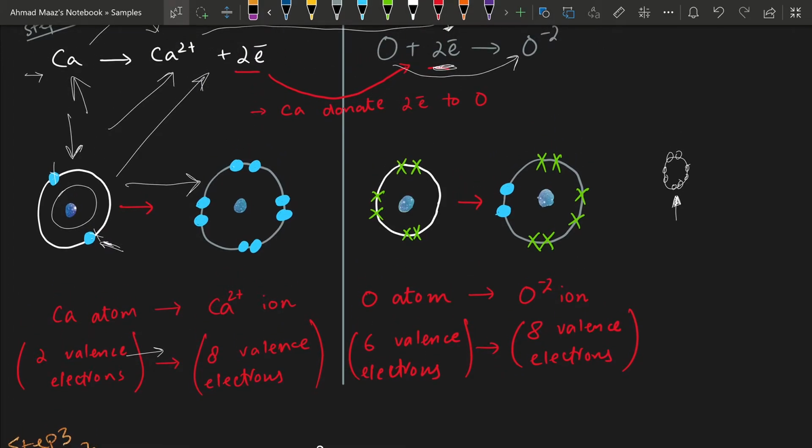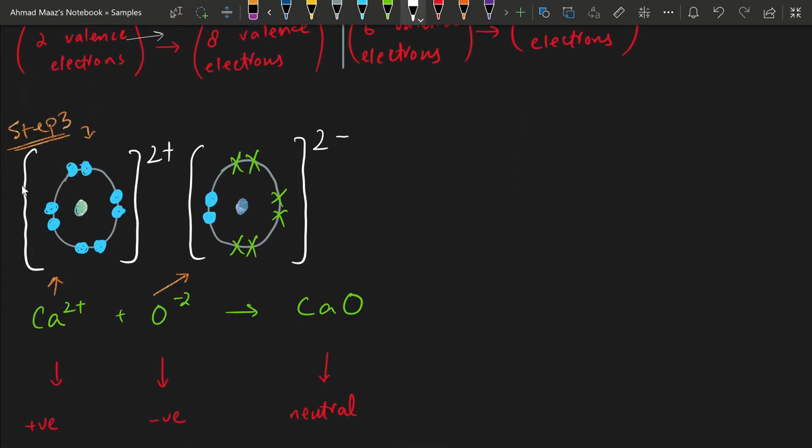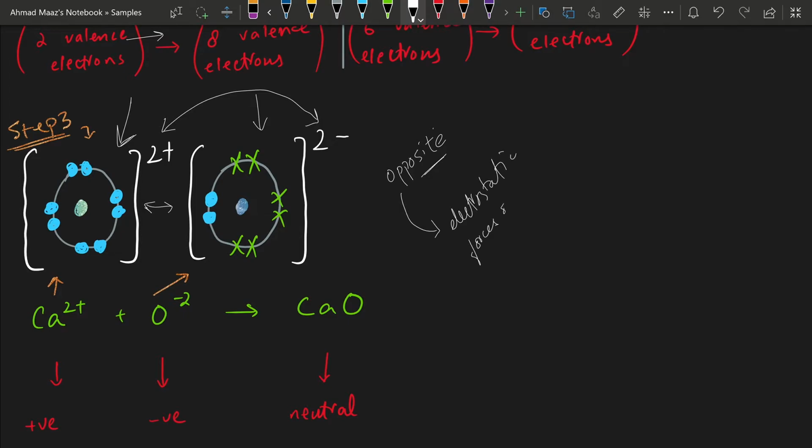Now in step 3, this calcium ion and this oxide ion are attracted together by these opposite charges. Opposite charges have an electrostatic force of attraction.